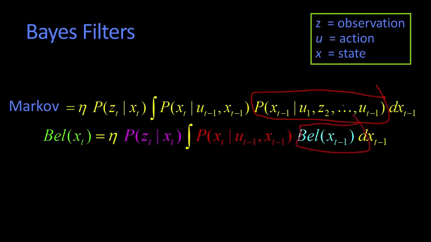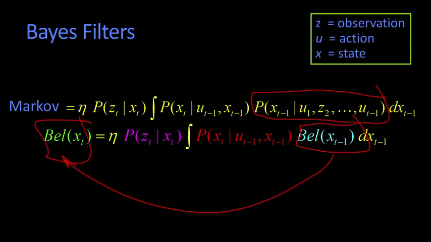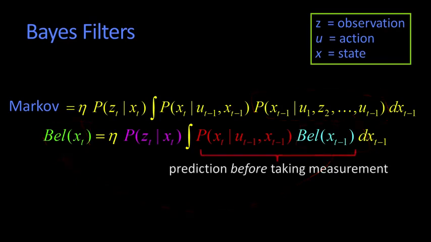Now we're already looking at a recursive algorithm, because on the left-hand side we have the belief of xt, and on the right-hand side we have the belief of xt minus 1. So this is an induction. Remember we talked about tracking as induction. This is an induction formula that goes from your belief at t minus 1 to your belief at t. When you integrate or sum over all the possible xt minus 1s, these are your predictions before taking the measurement.